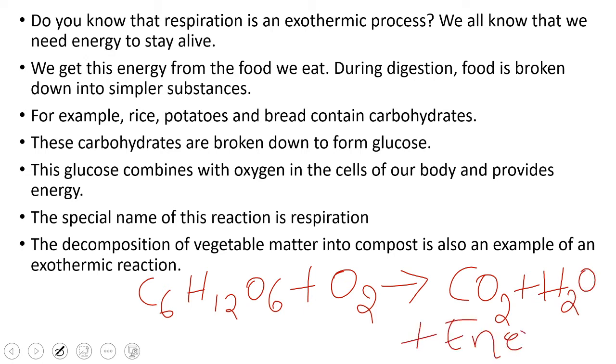As energy is liberated, this is also an exothermic reaction. Now balance the chemical equation. Here 6 carbons are there, so I will write 6 here. Now carbon got balanced, but oxygens here are 6 plus 2, 8, and 12 hydrogens are there, while here only 2 hydrogens are there, so I will write 6 here.